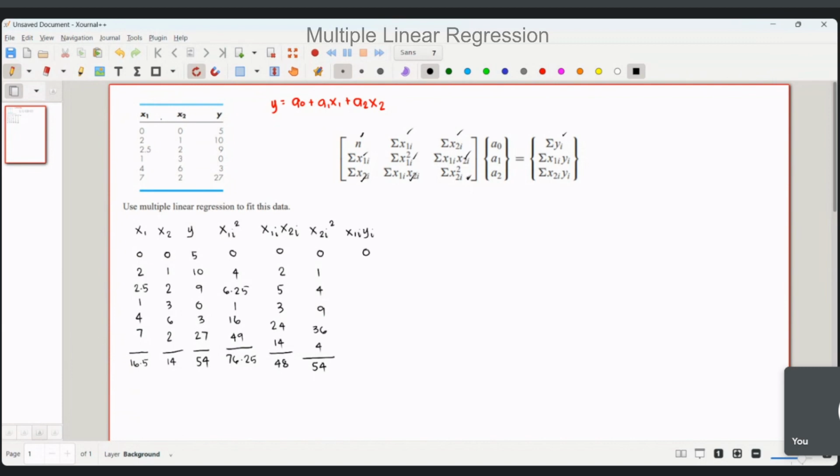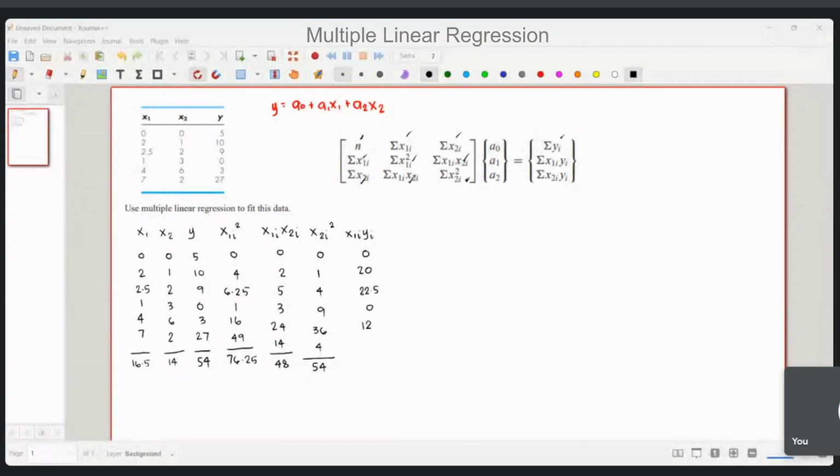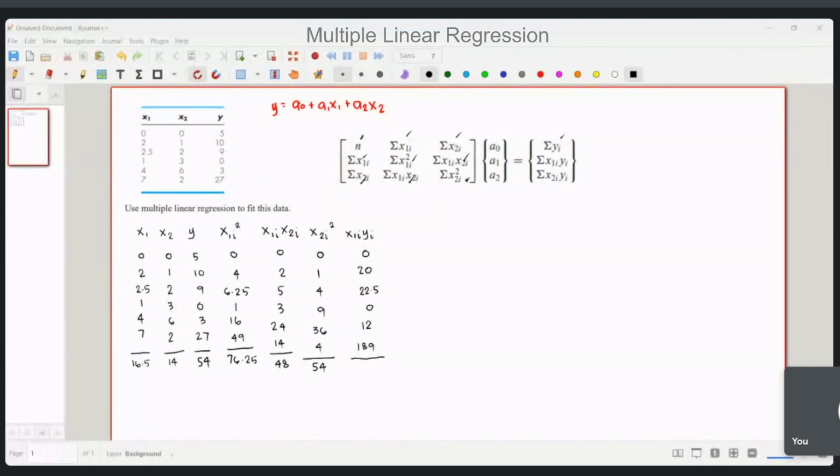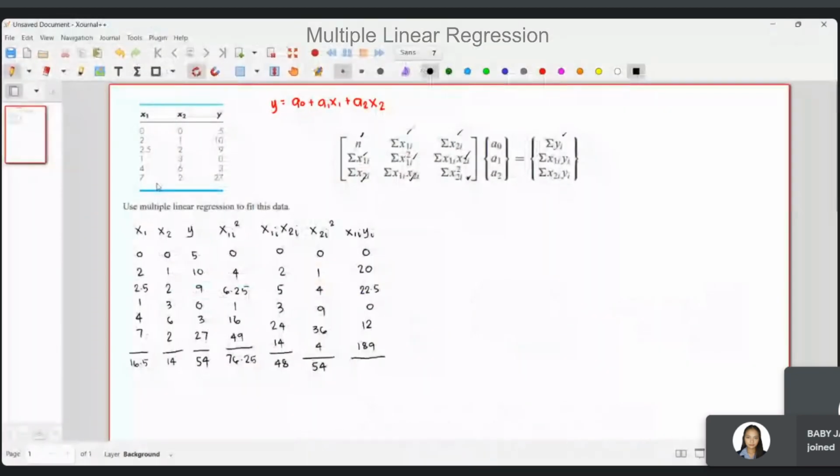So that's 0, that's 20, 22.5, that's 0, 1 times 0, 0, and 12, and then 27 times 7, 189. And that would give us 2435.